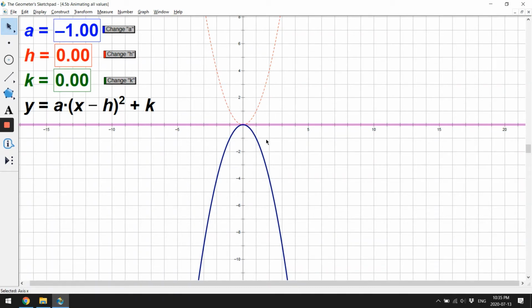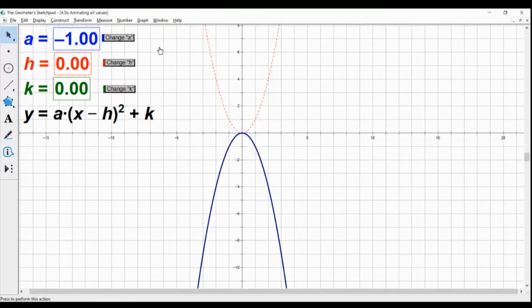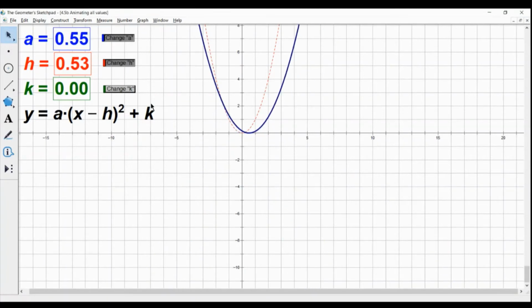So that's it. We talked about stretches, vertical stretch, vertical compression, reflection, horizontal translations, and vertical translations. Okay, simultaneously, and see what happens.